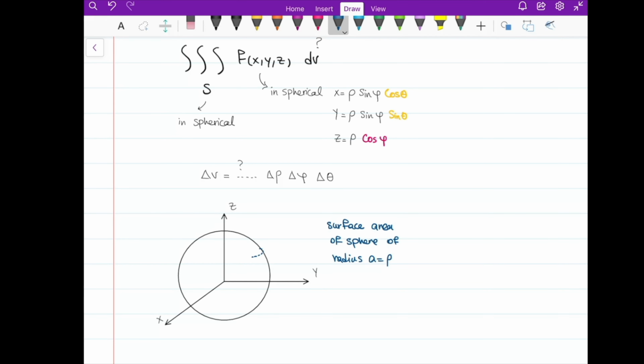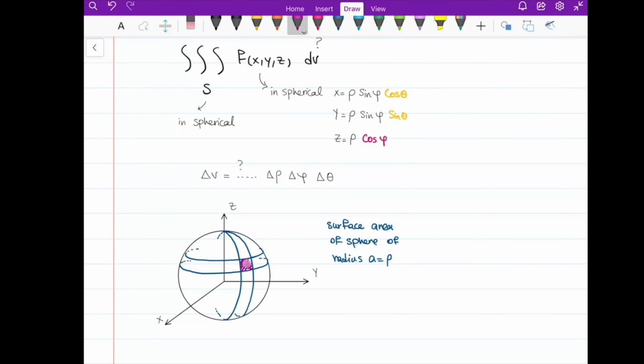I just want to grab some small part of this surface area. I'm basically considering this small part when I fix rho to figure out what is delta phi and delta theta.